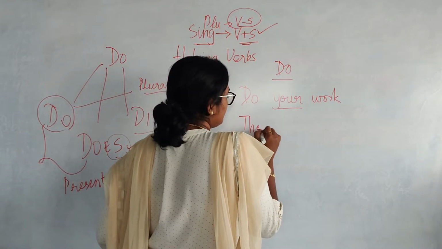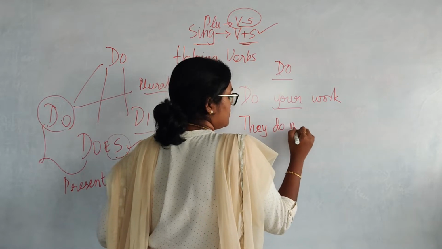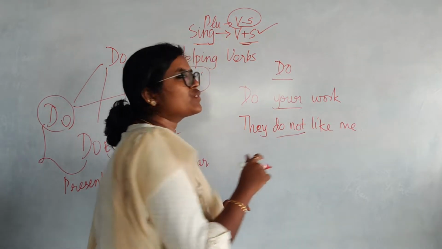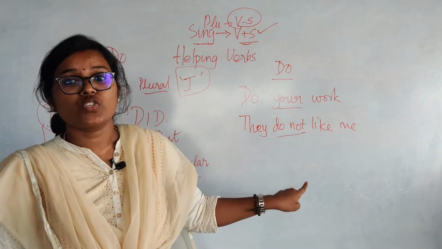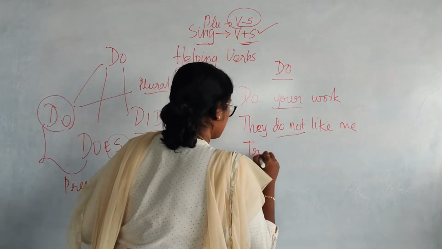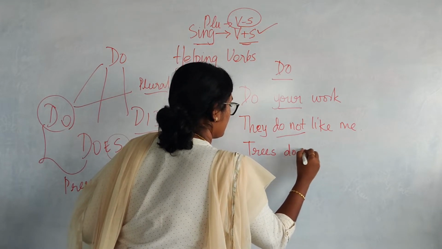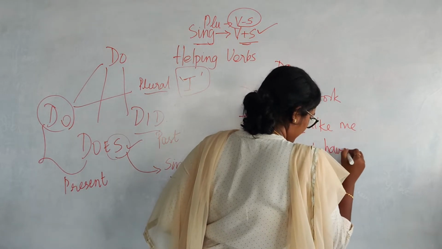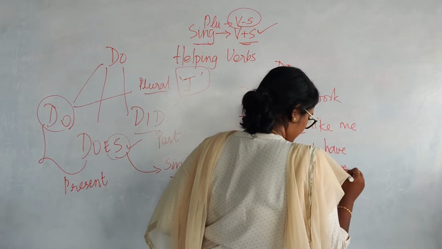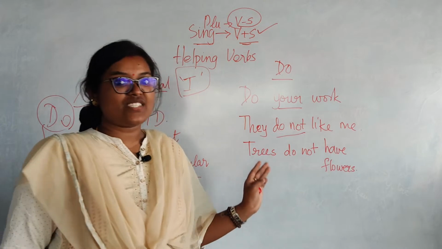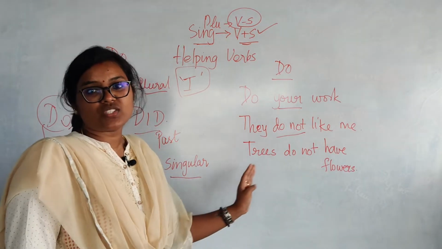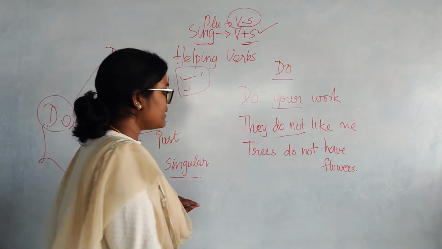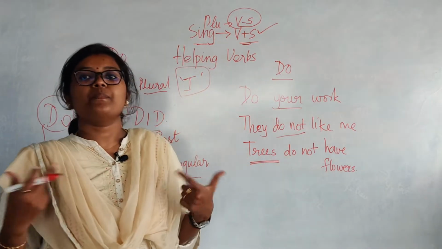Another example: they do not like me. Trees do not have flowers. Trees is plural, so we use do not. So this is for plurals.